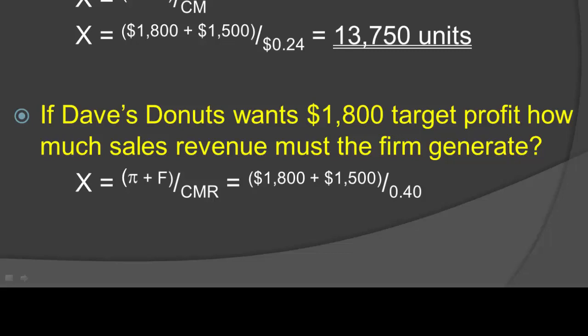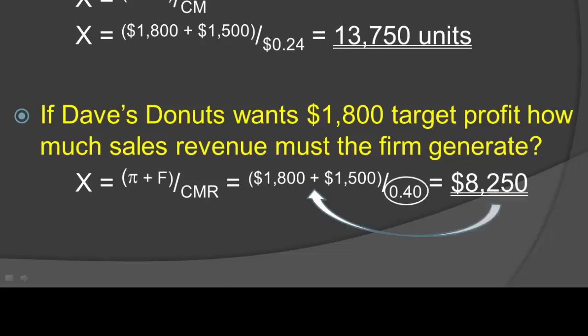Divide that into the sum of his desired profit and his fixed cost, and we get $8,250. In other words, it will be just enough to cover his fixed cost and give him his desired profit. Conceptually, in cost volume profit analysis, desired profit is really just one more fixed cost that must be covered.